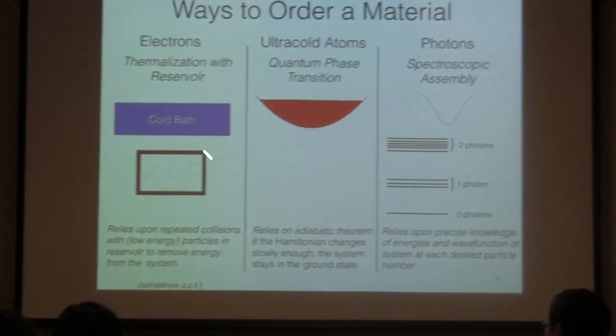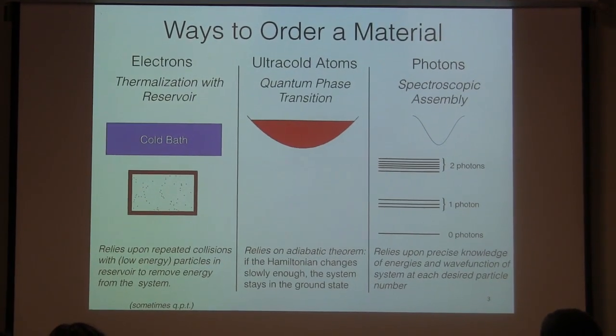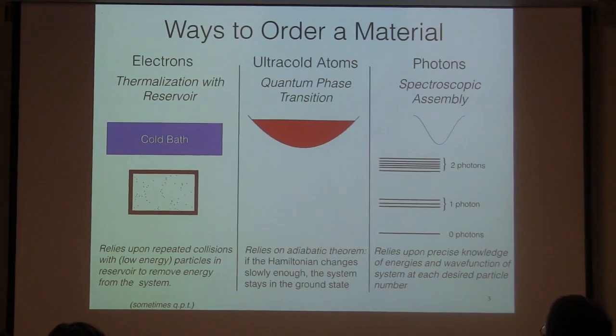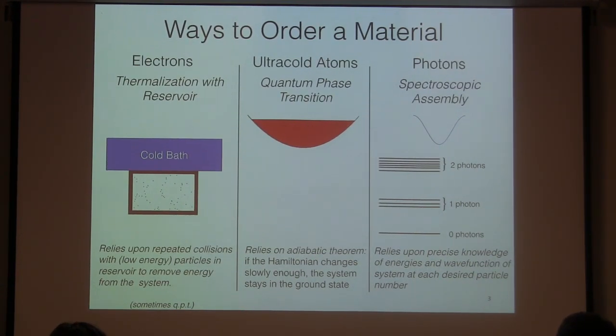Okay, so what happens mostly with electrons? Well, the game is I have some particles that would just bounce off of each other ad infinitum. But I couple them to some cold bath. I bring the bath into contact with the system. And the idea is that this damping that I put into this model actually essentially comes from collisions of these particles that are moving quickly with bath degrees of freedom that are moving slowly.